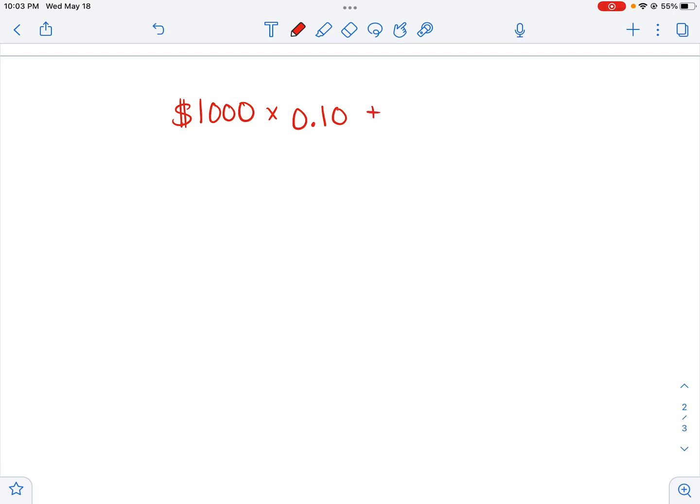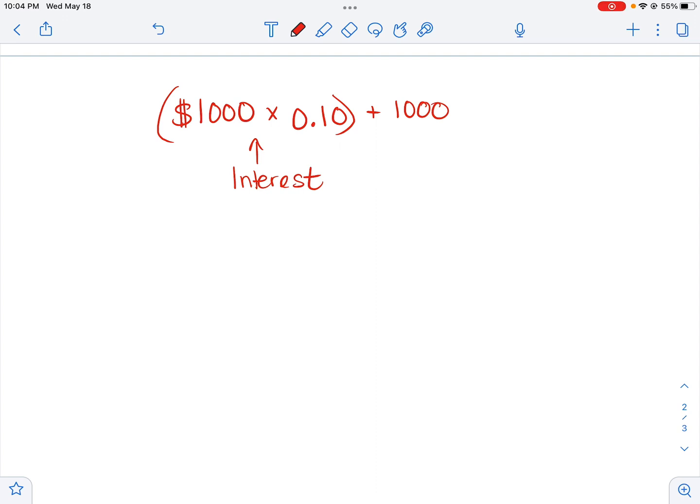And then we're adding our $1,000 back on. So we're finding how much interest we'll make. $1,000 times 10% is $100. And then we're adding back our principal to figure out how much we've made on our investment. So this is kind of the formula we're using.